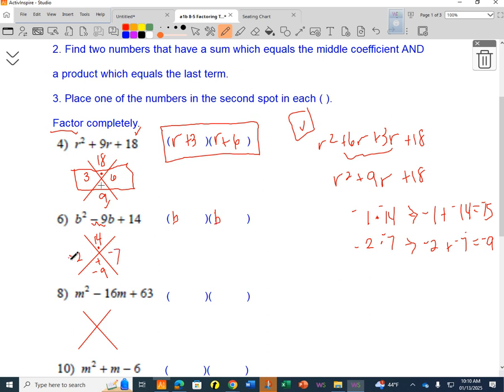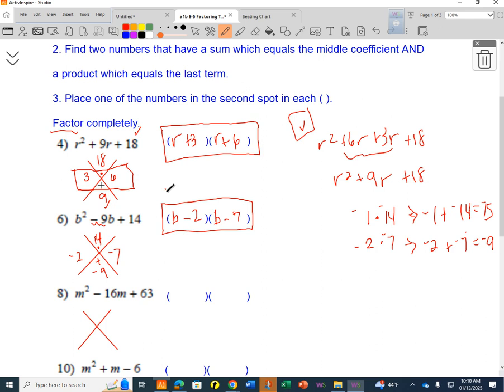And now since this is a negative, it's minus 2. And since this is a negative, it's minus 7. So that is our answer. If you multiply b minus 2 times b minus 7, you will get b squared minus 9b plus 14.